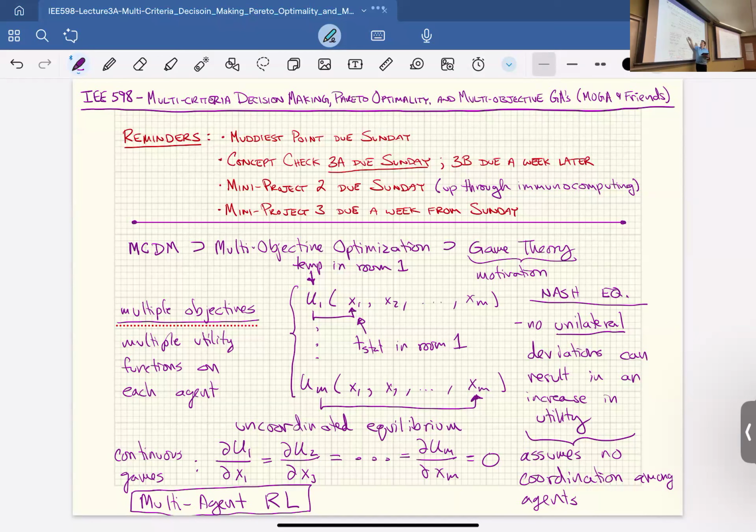So in this temperature control example, it might be that I have a robot sitting in this room and they have a model of, I say temp in room one, but I could even make this comfort in room one. This robot sits at that thermostat and maybe it looks out over all the humans in this room and uses non-contact sensing to measure everybody's temperature and says, okay, everybody looks comfortable.